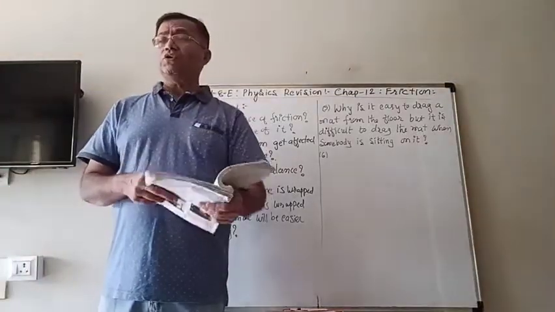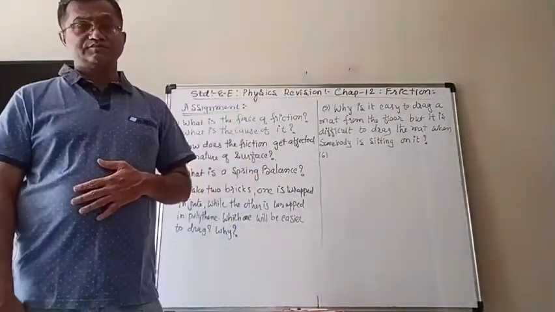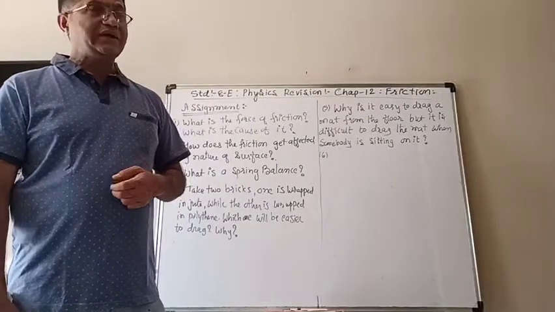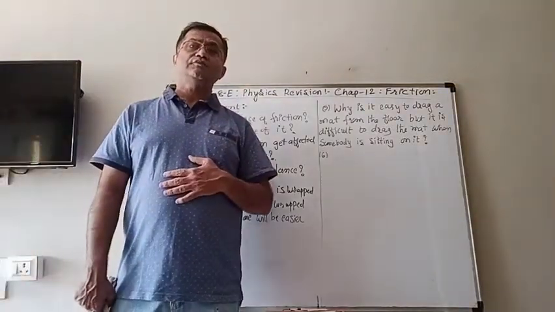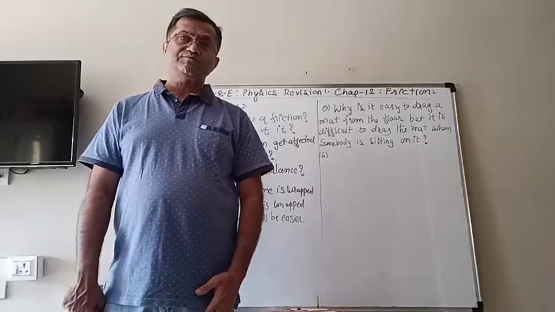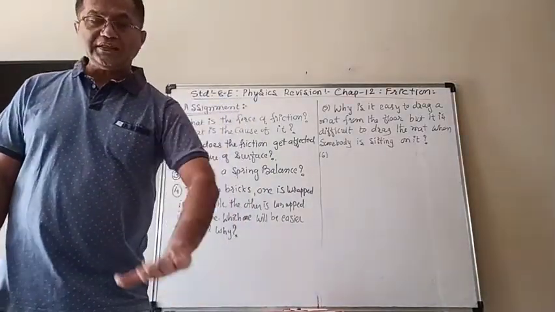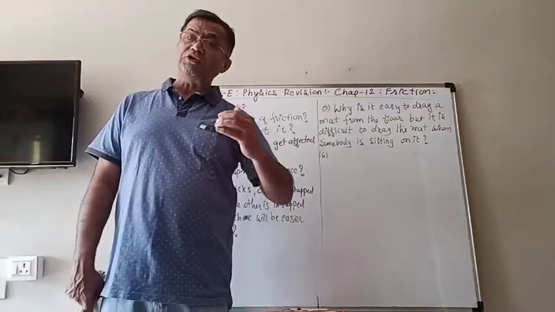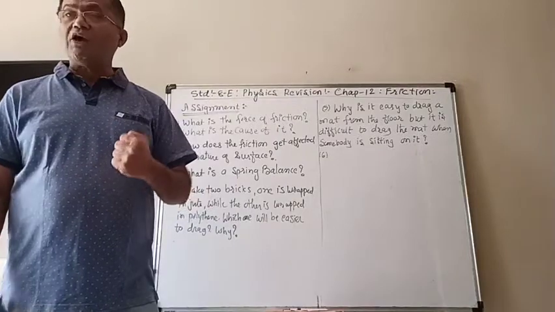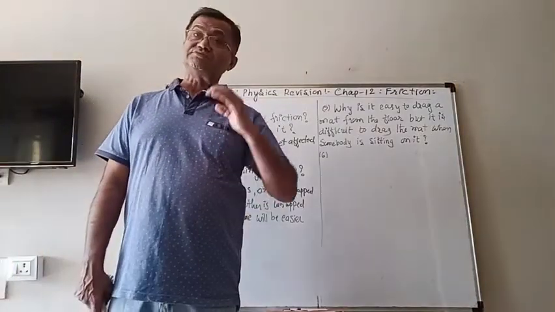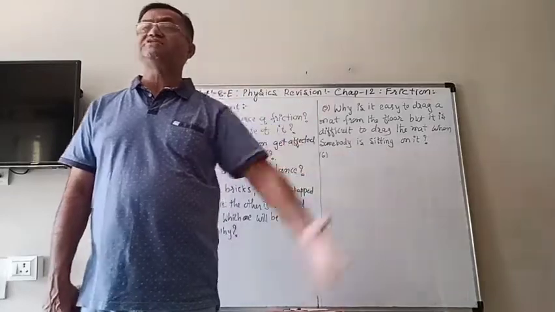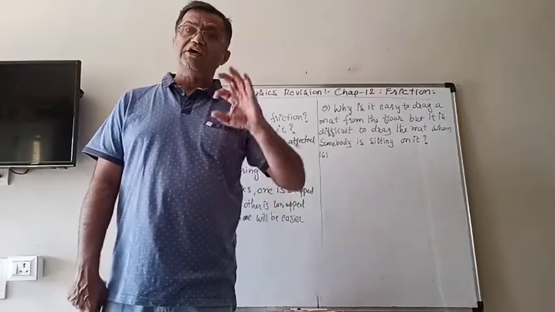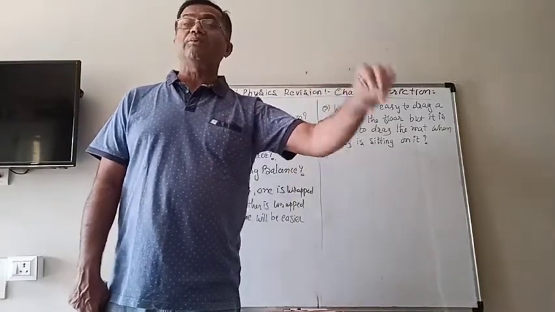So when you want to move a heavy box that is lying on the floor, if it is very heavy, then it is difficult to move. Why? There is a force of friction between the floor and the bottom of that box. If you want to move it, you have to apply a force which is more than the force of friction. It means you have to overcome the friction, and then only you will be able to move that box.